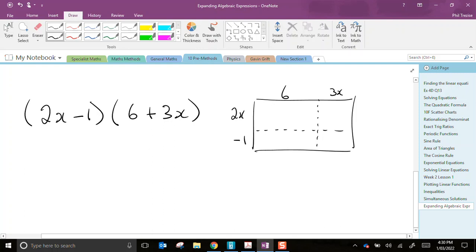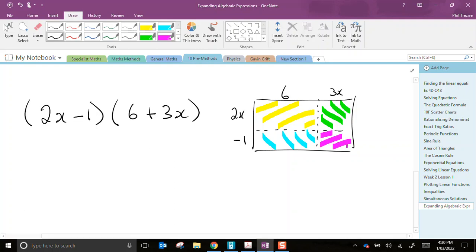So I'm going to multiply, and I'll end up getting 4 parts. The yellow part there will be 2x multiplied by 6. Then I'll get this little green section here, which will be 2x down there and 3x that way. Then I'll get a bit down here, which will be negative 1 multiplied by 6, and finally I'll get a little bit down in the corner there.